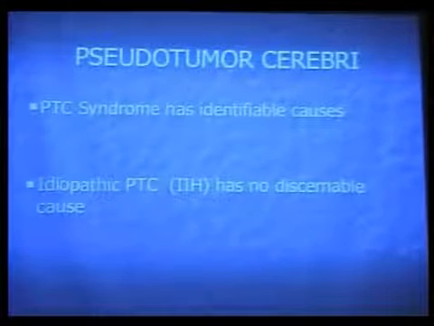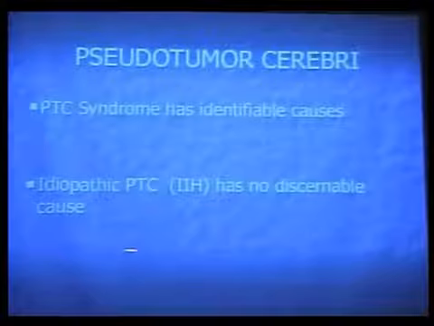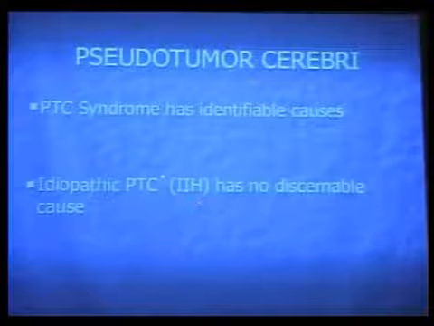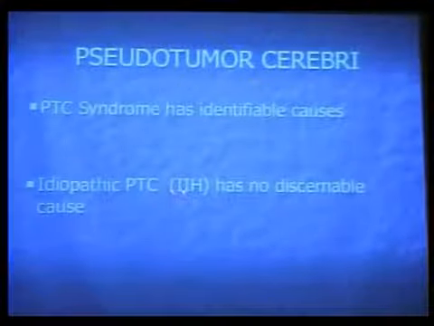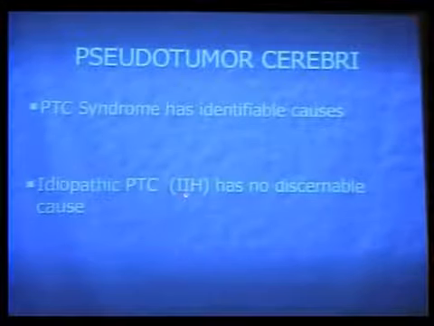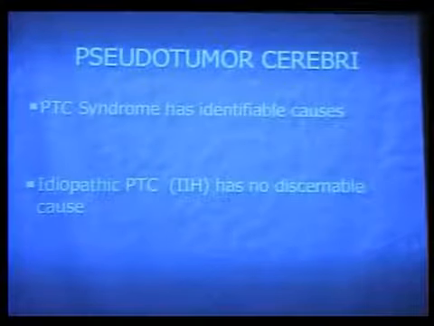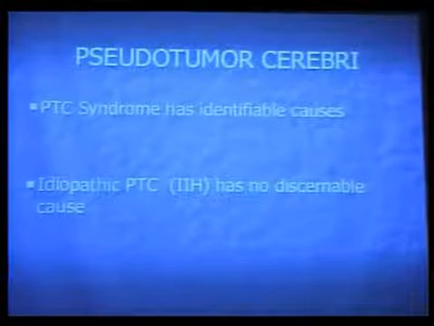Now, there are a lot of different names for this. And the neurologists some time ago got hooked on IIH, idiopathic intracranial hypertension. However, I never liked it because it was clumsy, because there were these pseudotumor syndromes that were not idiopathic, that had causes that were identified.